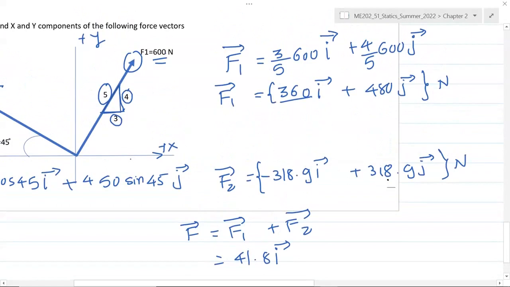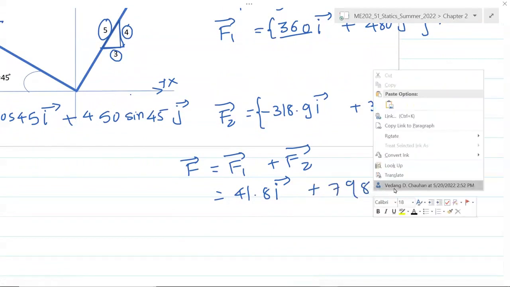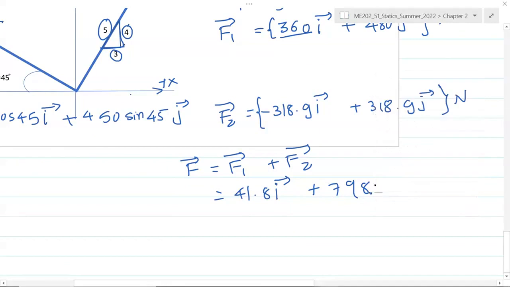And it's 480 plus 318, which is 798.19 J. And that is the resultant force Fr of these two forces.